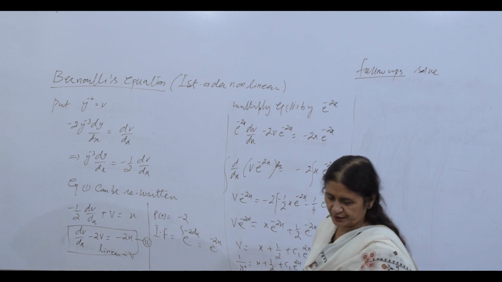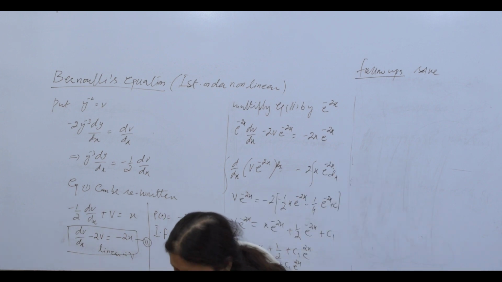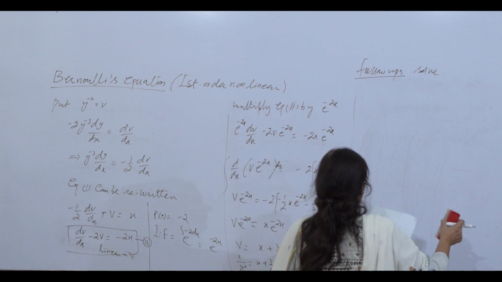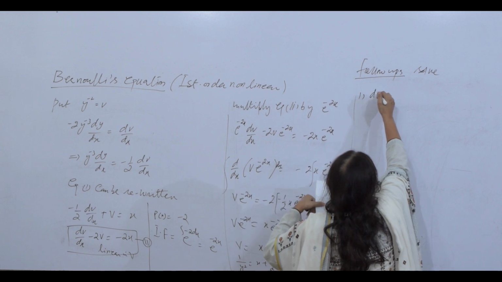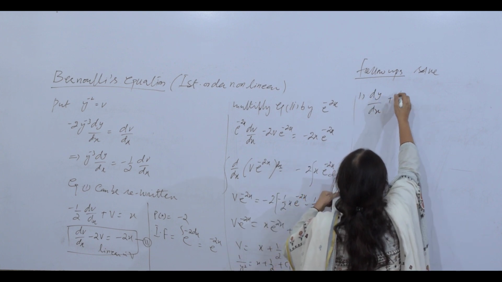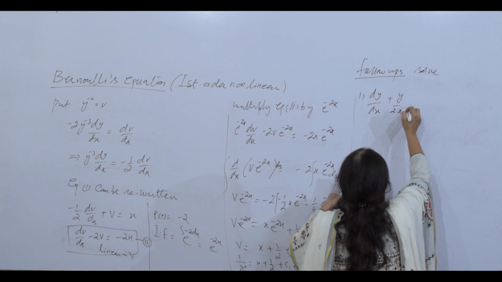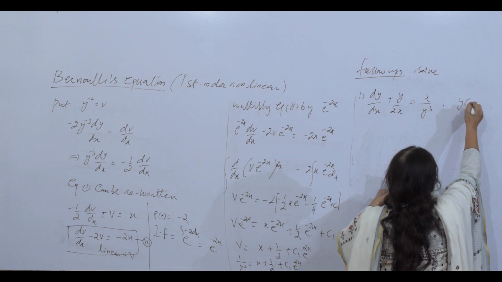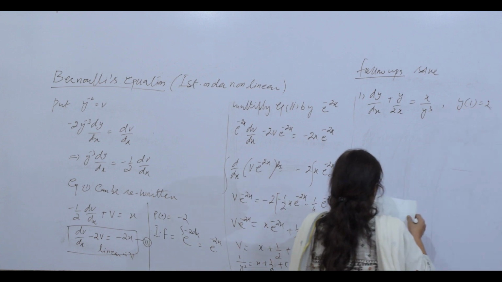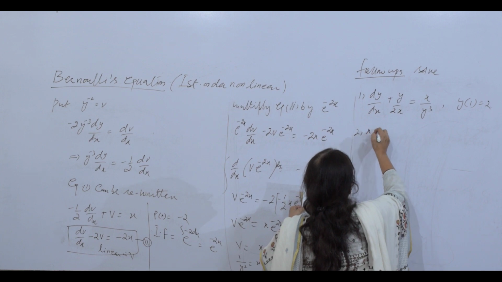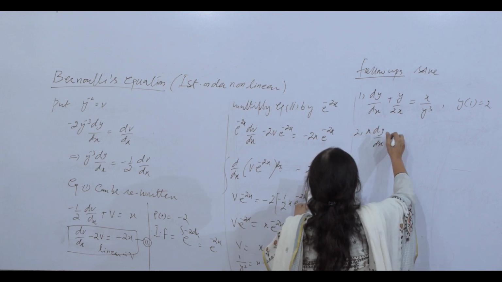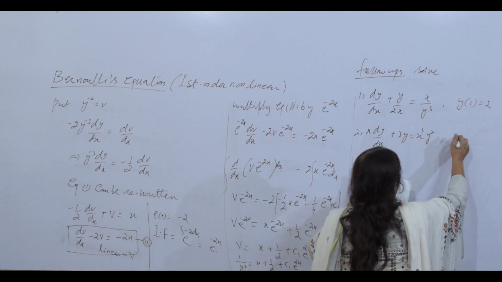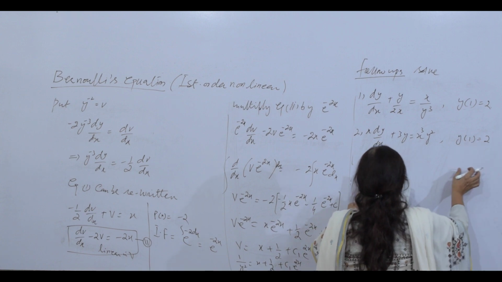Solve the following Bernoulli equations. Number 1, dy by dx plus y by 2x is equal to x by y cube, and the condition is given y1 is equal to 2. Then number 2, x dy by dx plus 3y is x cube y square, y1 is equal to 2.